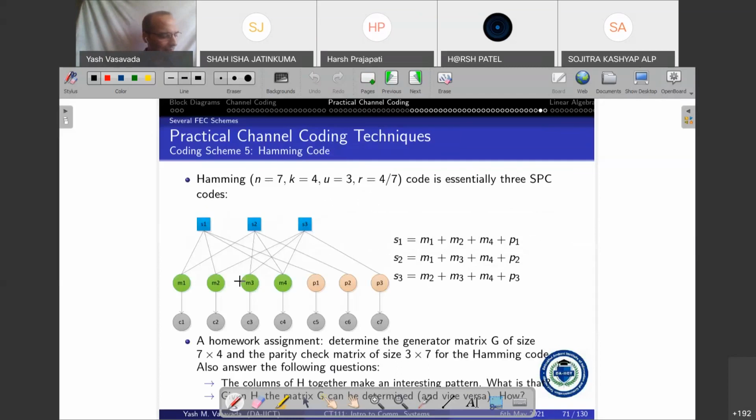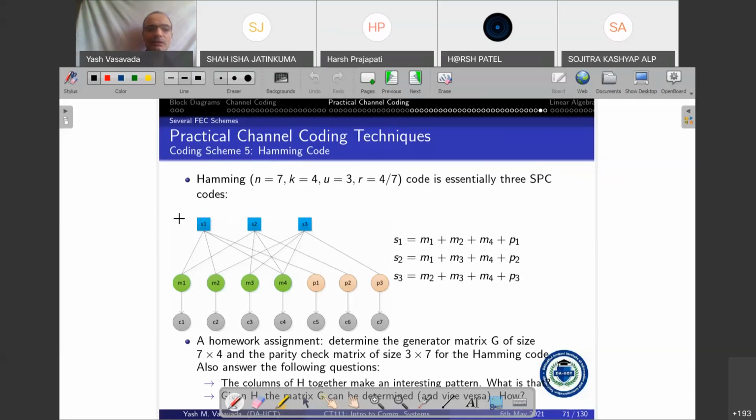Okay, and then the last scheme that I wanted to show to cover is called the Hamming code. This Hamming code is one of the very initial designs done by an engineer called Richard Hamming, and he did a lot of nice work in coding theory, and so that is where this Hamming weight, Hamming distances, minimum Hamming distance, all of those terminologies came from him.